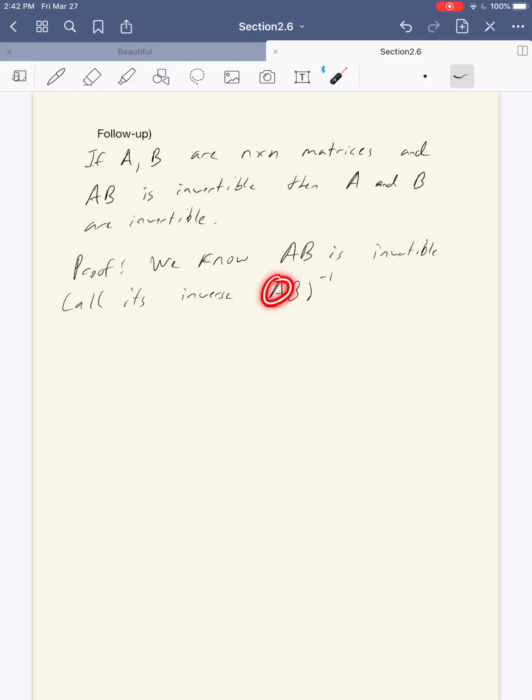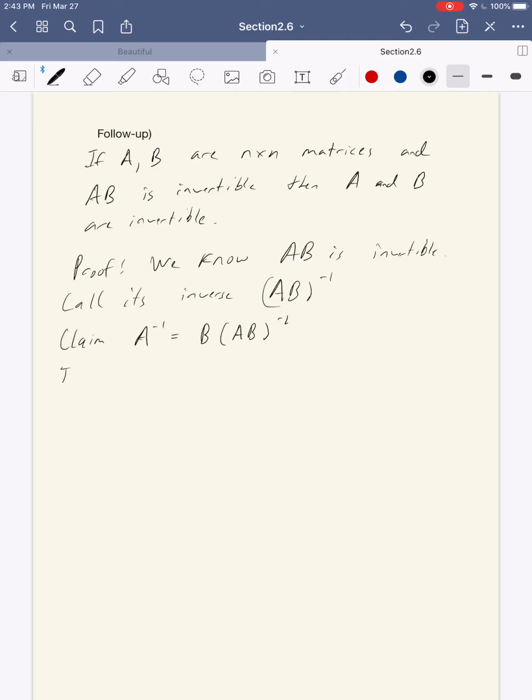Unfortunately, that assumes that these are individually invertible, but we actually don't know that. That's what we're trying to prove. So this is the best we can say for its inverse. We can just call it (AB) inverse. So now I'm going to claim that A inverse actually equals B times (AB) inverse. Let's see if that's actually true.